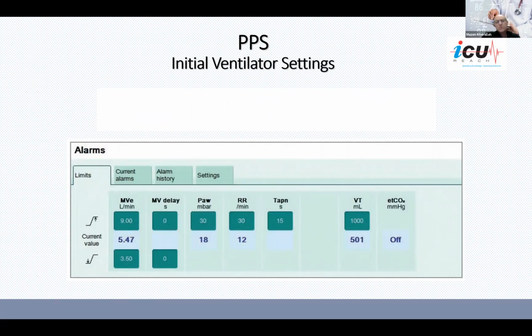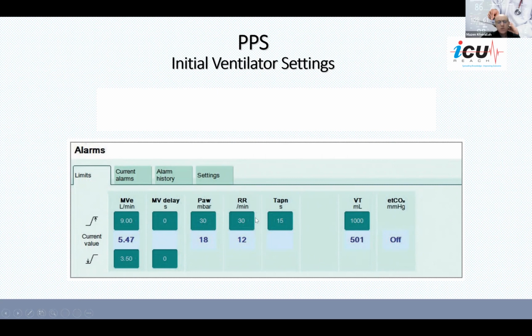And always you need to set the alarms appropriately. You need to set the minute ventilation, the tidal volume, the pressure alarm. You need to make sure they don't exceed limits: if the patient has pneumonia or ARDS, you want to make sure that the pressure doesn't go higher than the protective lung strategy.